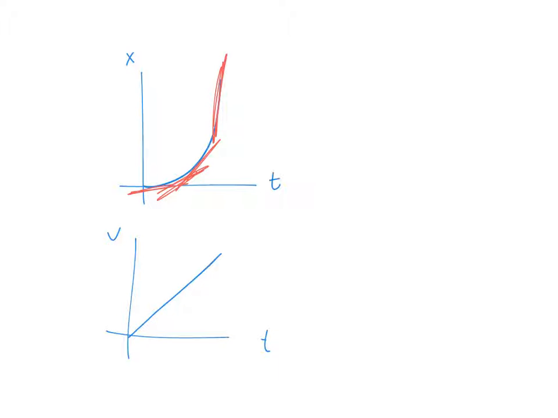If I think about velocity that's going up, it means that the slope or the curvature of my position has to keep increasing. Those little red tangent lines there are all slopes. And that's showing slope is increasing. And remember, the slope of the position versus time graph is velocity.